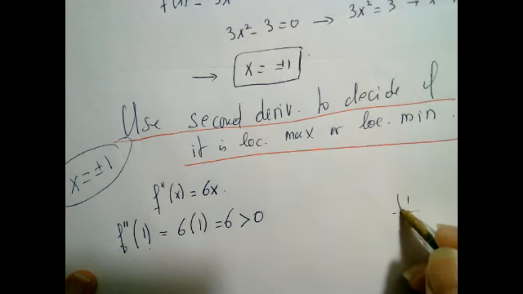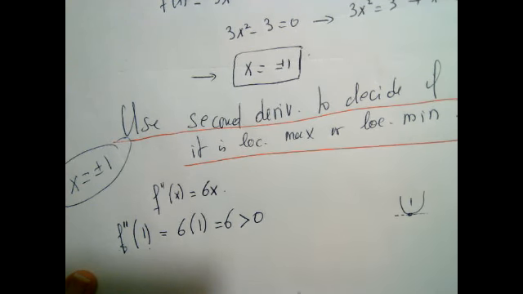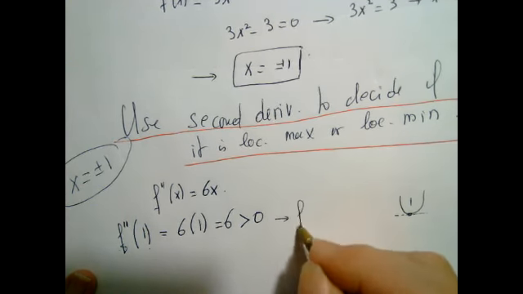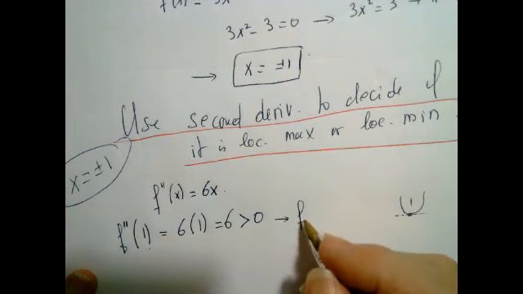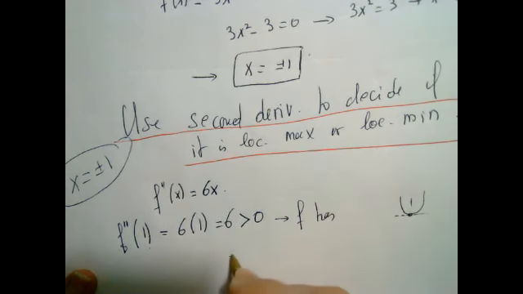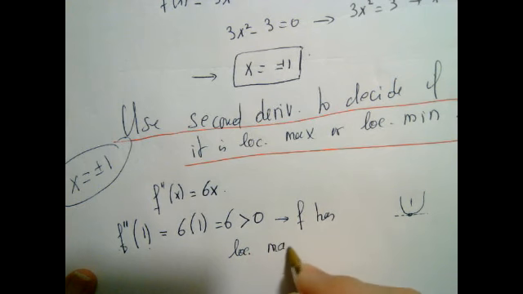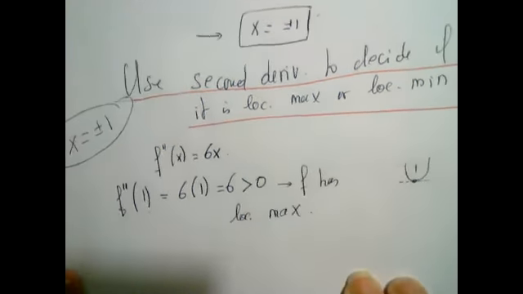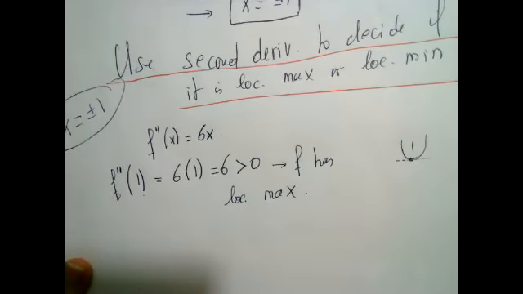It means it's concave up at this point. So f is concave up, it means f has a local minimum. Okay, so that's how we use the second derivative test.